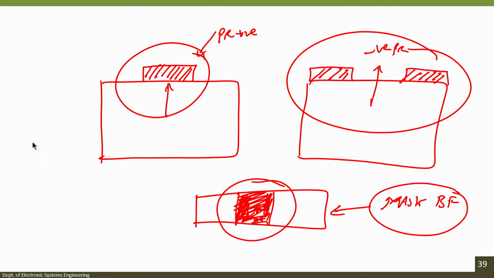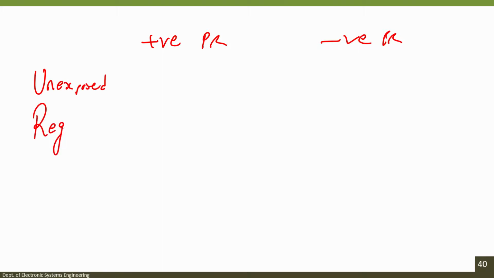In another way you can say, let me write it down, it will become easier for you. Positive photoresist, negative photoresist: the unexposed region in case of positive photoresist will become stronger, in case of negative photoresist will become weaker.